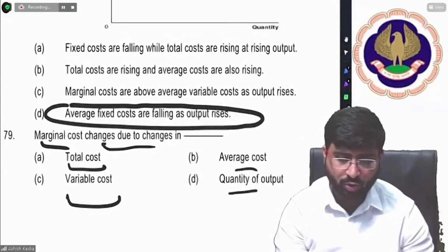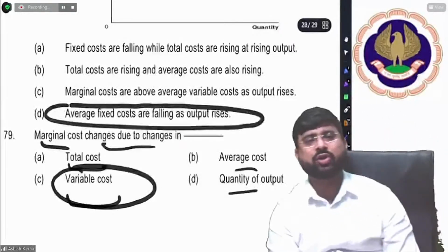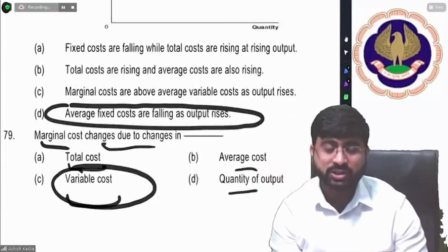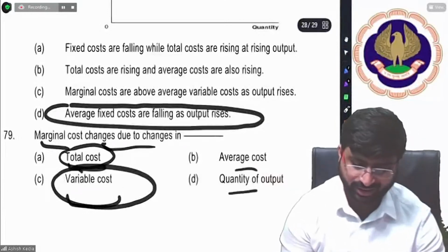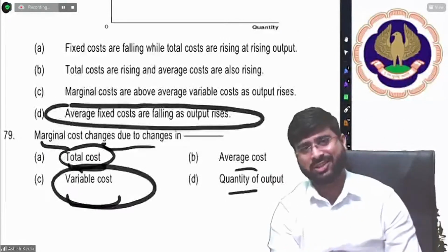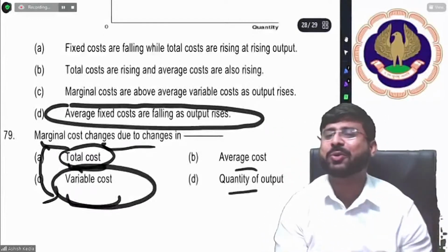Absolutely. Marginal cost changes due to change in variable cost. Yes, you are correct. Maximum of you will say that, sir, you told it will also be total cost. See, why is total cost changing? Because of variable cost now. And so the correct answer would be variable cost.